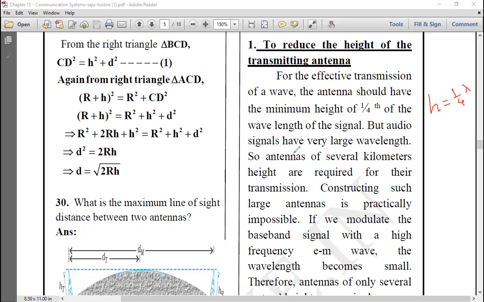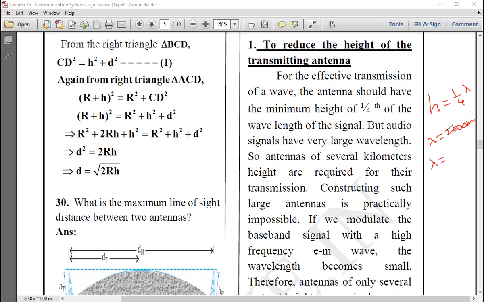But audio signals have very large wavelength, so antennas of several kilometers height would be required for the transmission. Suppose lambda is 2000 meter.